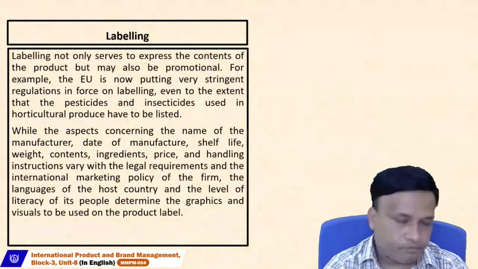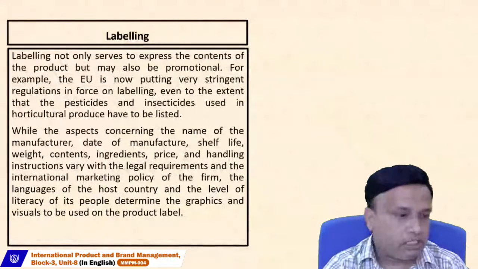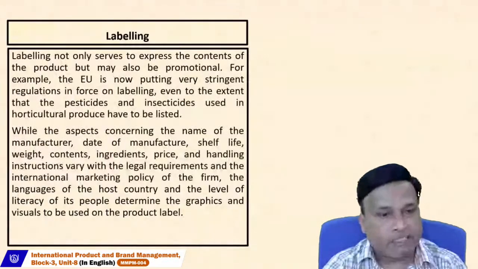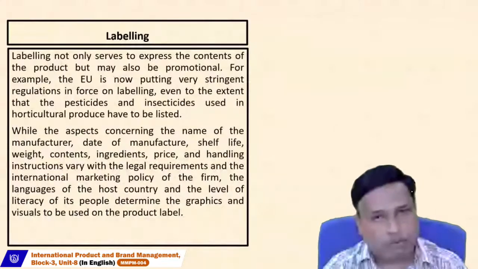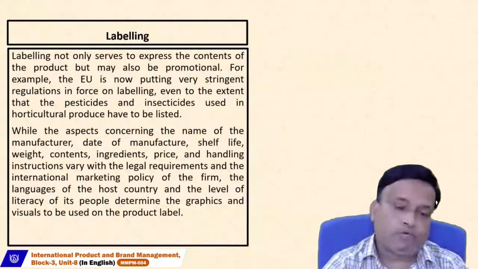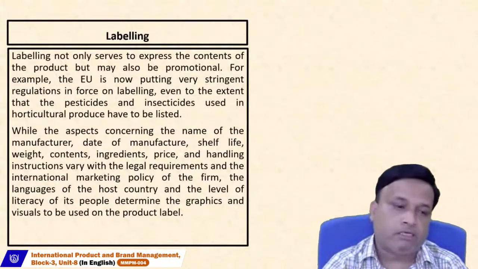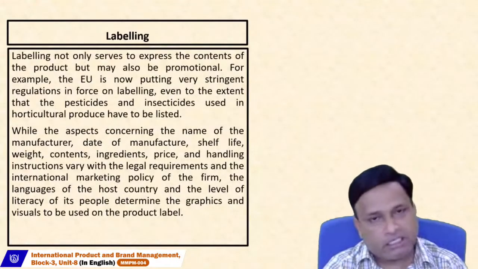The aspects concerning the name of the manufacturer, shelf life, weight, content, ingredients, price and handling vary from country to country. Already I talked about that. Your labeling, where you put pictures, everything is different from country to country. The international marketing policy of the firm, the language of the host country, and the literacy level of the people determine the graphics and visuals to be used on the product label.